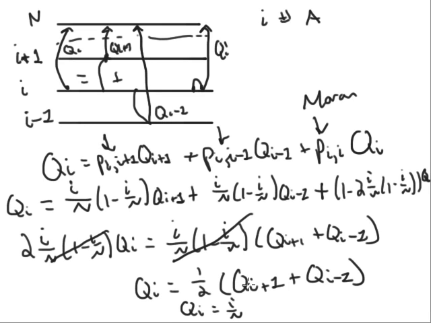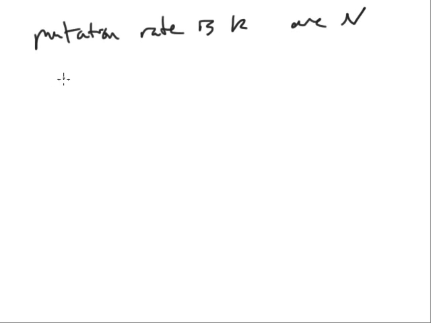And if we say that the mutation rate per gene is k, then there are N genes, we would expect that N times k would be the mutations to appear per unit time.